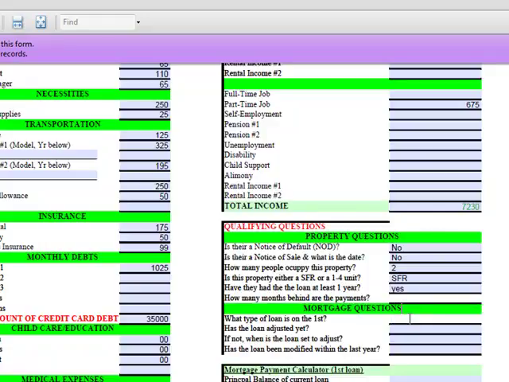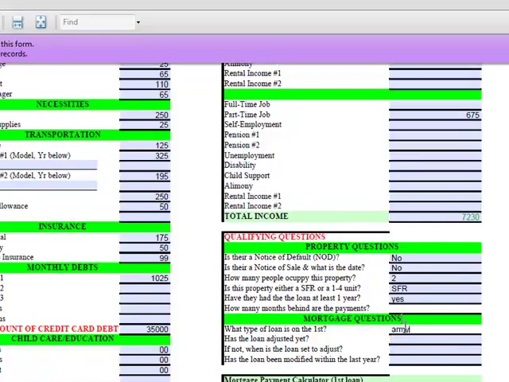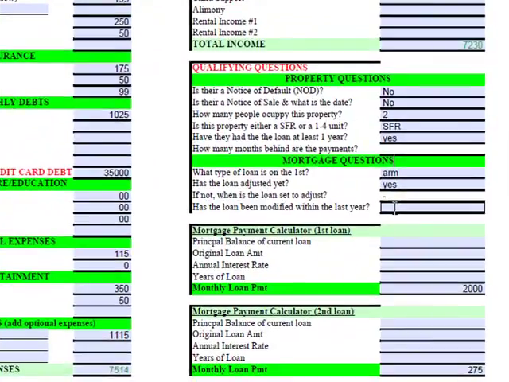It is an ARM, an adjustable rate mortgage. Has the loan adjusted yet? Yes, it has. If not, when is it set to adjust? You leave that blank because it already has adjusted. Has the loan been modified within the last year? No, it has not.